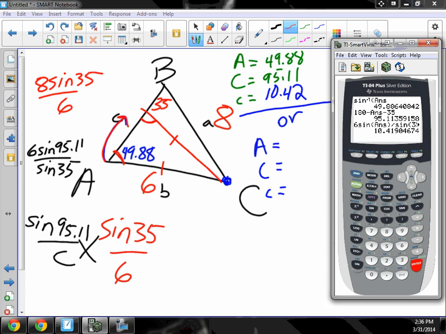If the sides are equal, they're both 6, then the angles are equal. So if this is 49.88, what is the new angle A? So 180 minus 49.88. So this becomes 130.12.